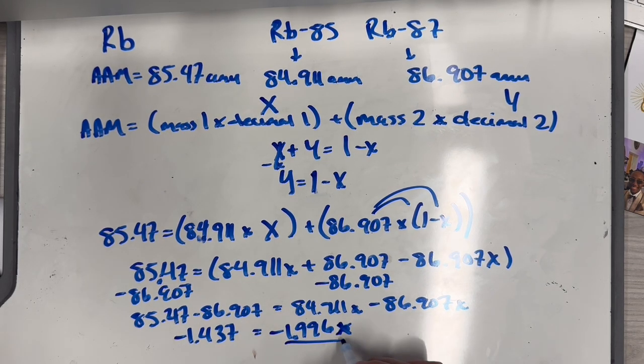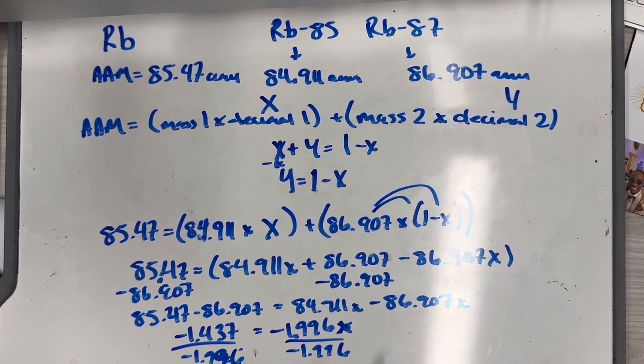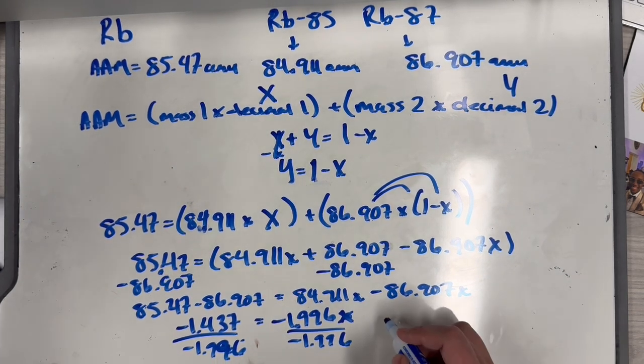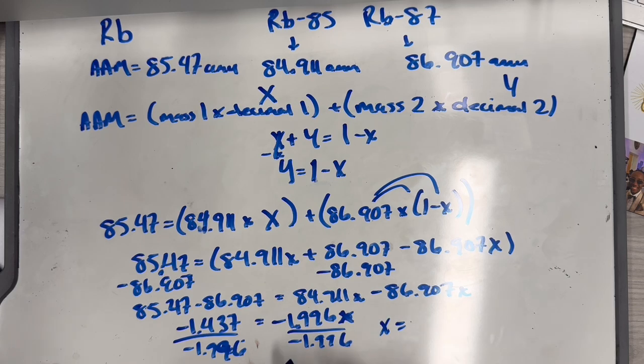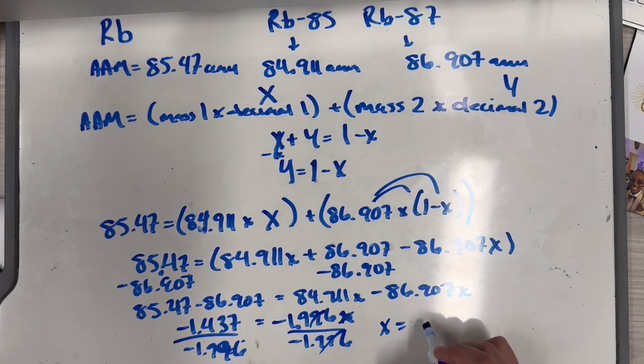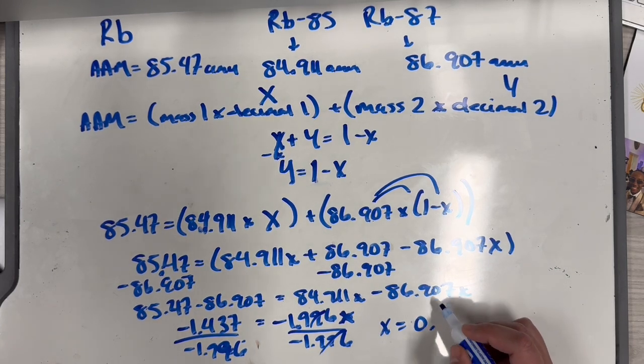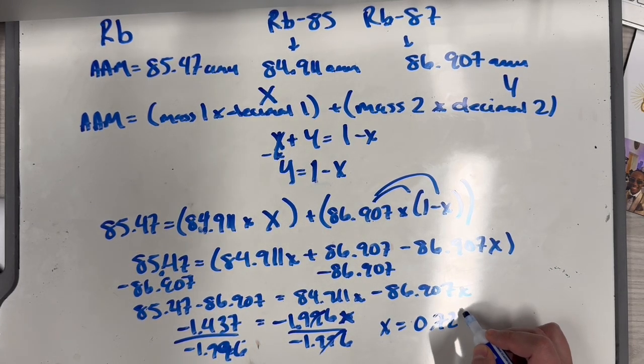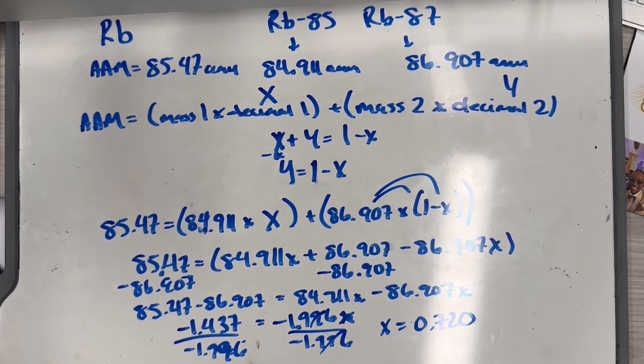Well, I would just divide both sides by negative 1.996. And then that would get me that x is equal to, negatives would cancel out, this would cancel out on this side, would get me 0.720.